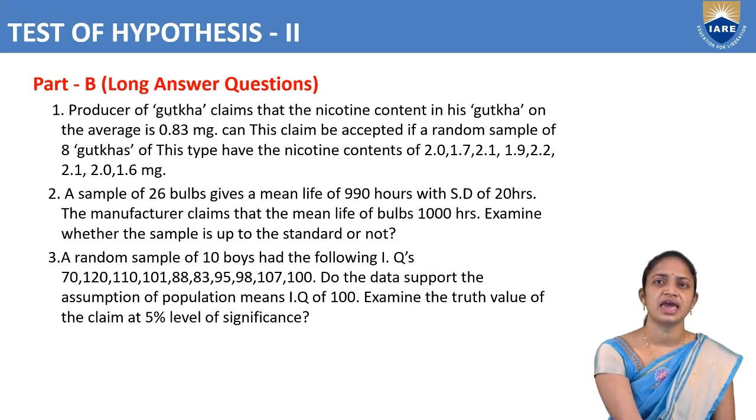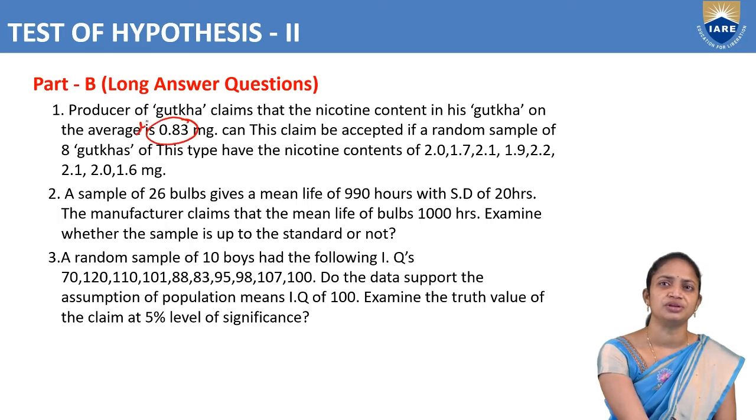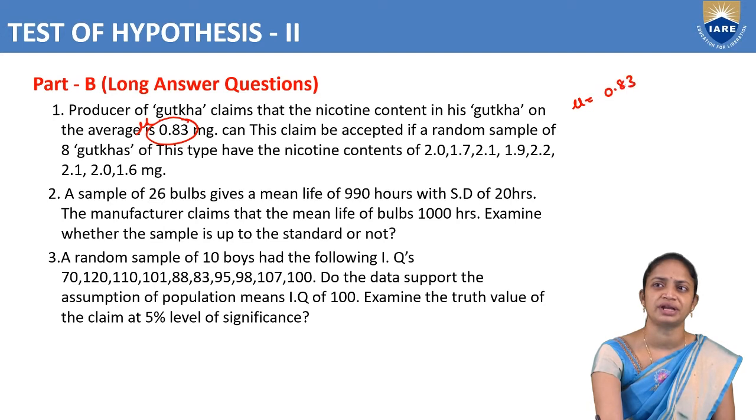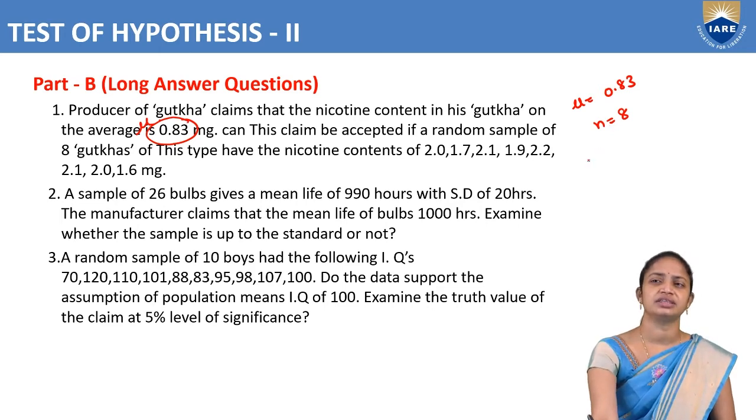So here they have given the mu value, the average, that is 0.83, and the random sample of 8, the sample size is 8, and here they have given the xi values. Those are 2.0, 1.7, 2.1. These are all xi values. So we need to find x bar.